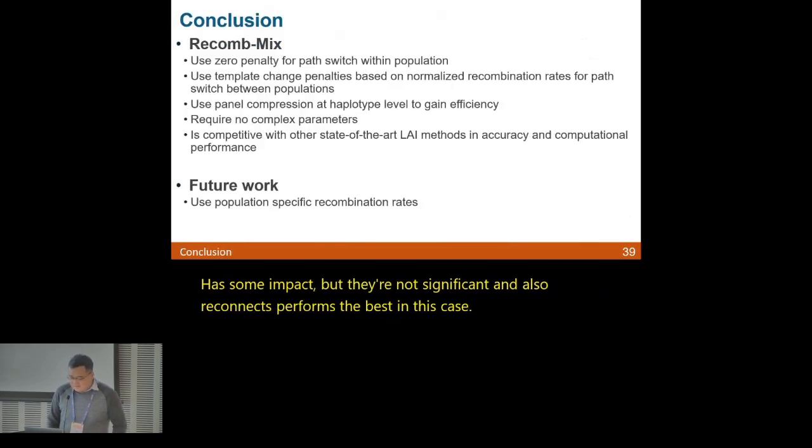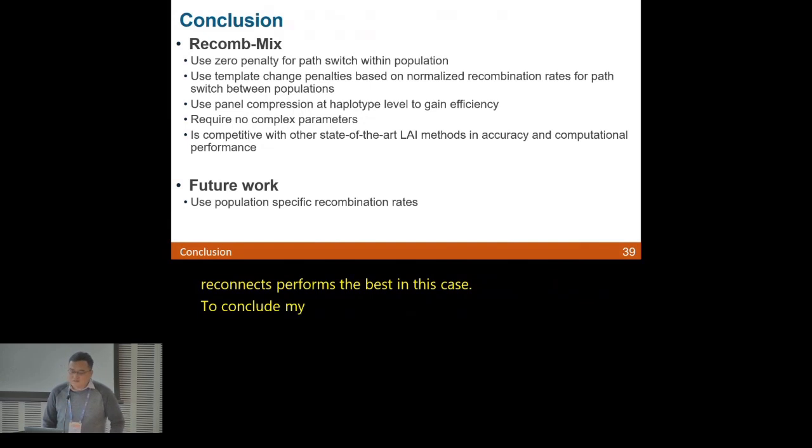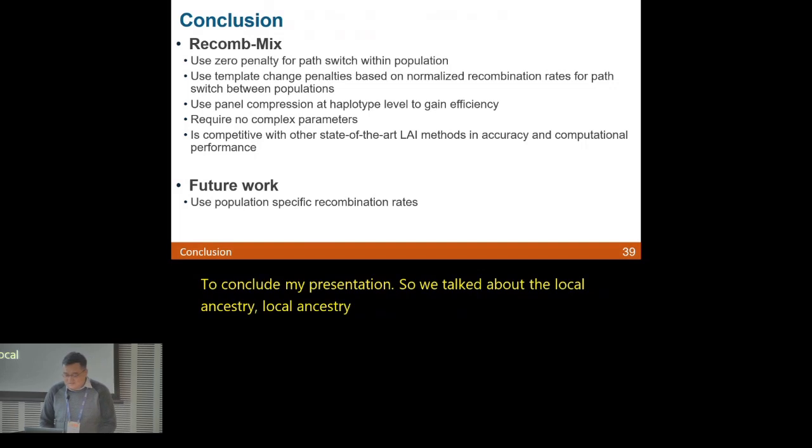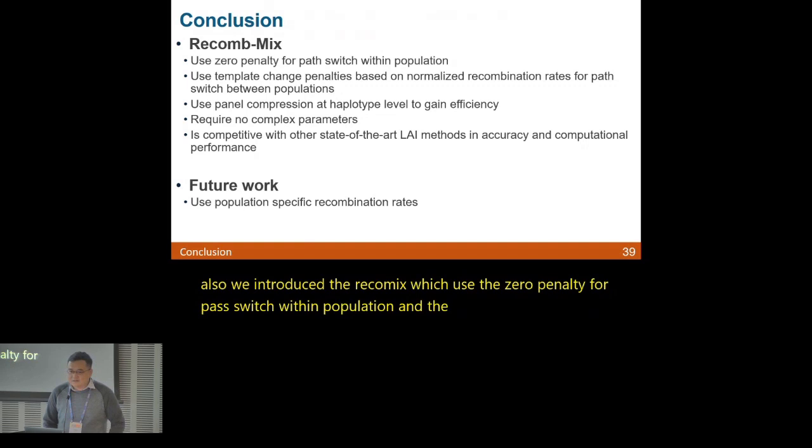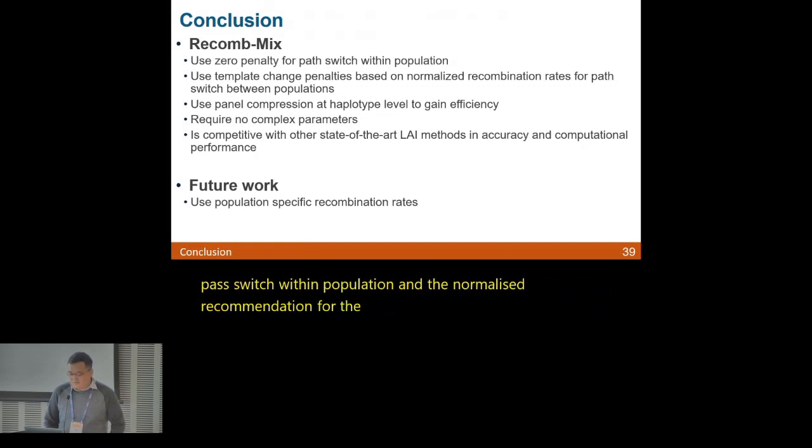To conclude my presentation, we talked about local ancestry inference and the methods briefly, and also introduced Recomb-Mix, which uses zero penalty for path switches within a population, and a normalized recombination penalty for path switches between populations.